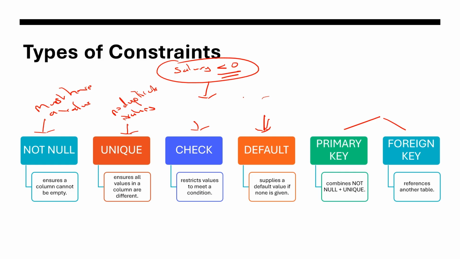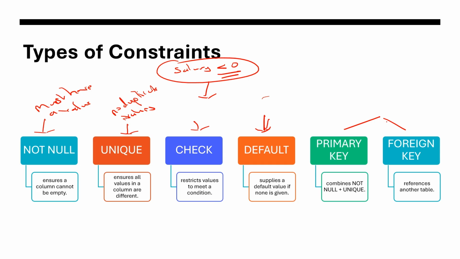This is what we refer to as a default constraint. So if a few people do not want to give salary, you can use a default constraint to put a specific salary that will be used at any point in time.